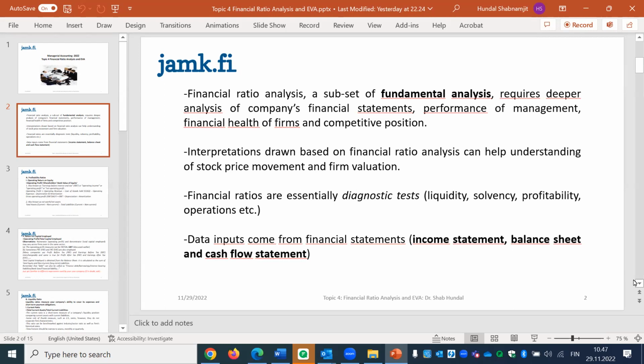Essentially, fundamental analysis is meant to do some diagnostic test. The word diagnostic is carefully chosen from the medical sciences. Just before we make a decision that a person is hale and hearty, in good health, with no diseases or danger looming, we send the person for some diagnostic tests.